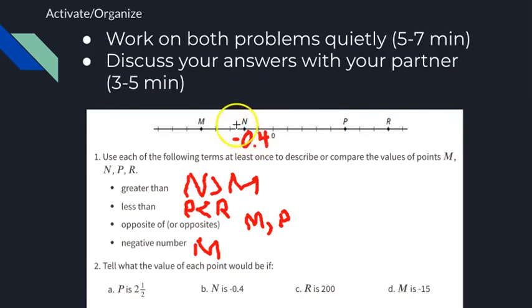So 2/10, 4, 6, 8, 10/10, or -1. If that's -1, P is 1. And if P is 1, then R is 1 2/10, 1 4/10, and 1 6/10.